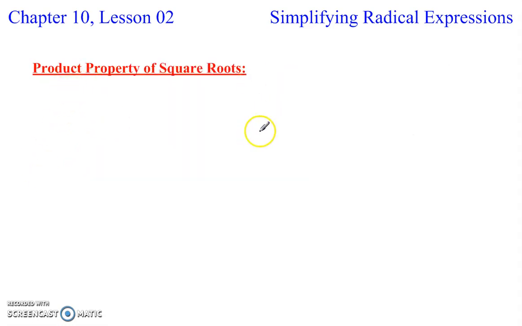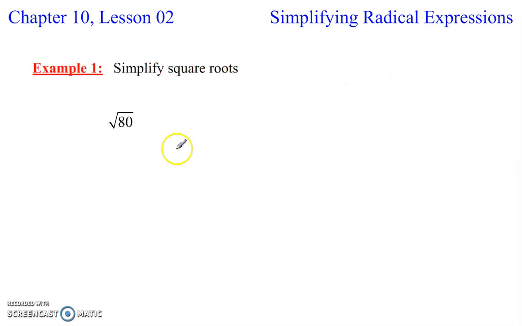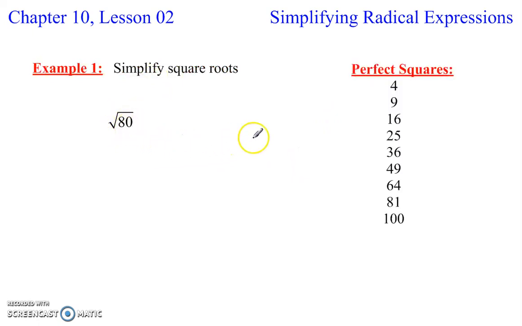We'll look at this one a little more. So, product properties of square roots. If you multiply two square roots, you could put both of those factors underneath the same radical sign. Simplifying: I can break 80 down into its factors. For example, 80 is 16 times 5.